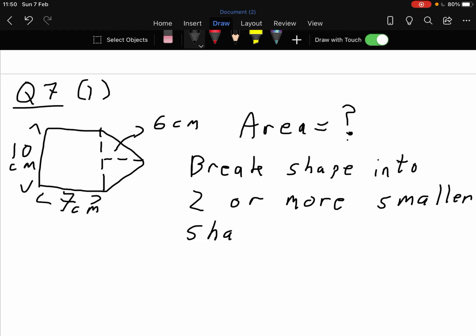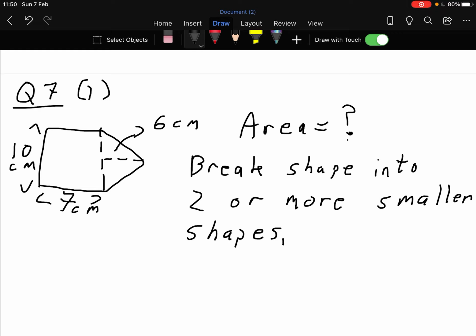So if you get a funny shape like this that's not a square, rectangle or triangle, you see if we can break it up into 2 separate things that are smaller and easier to work with.